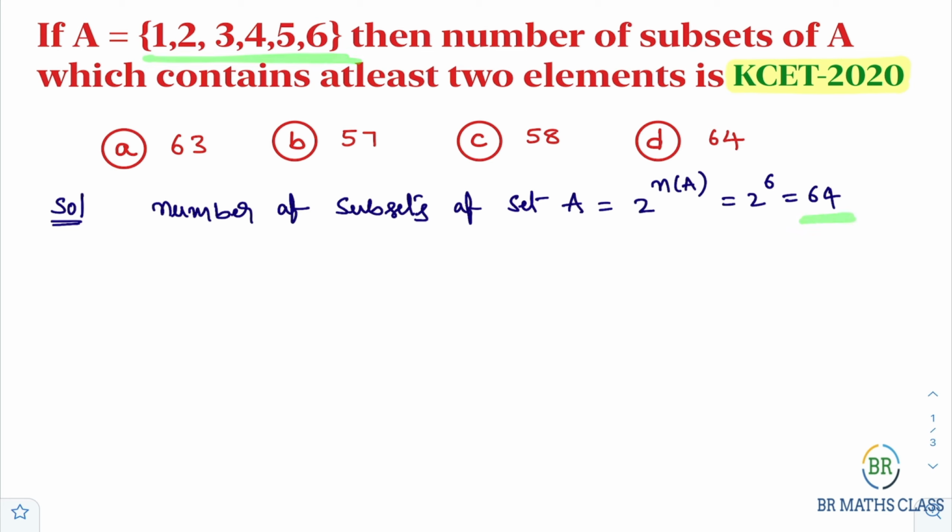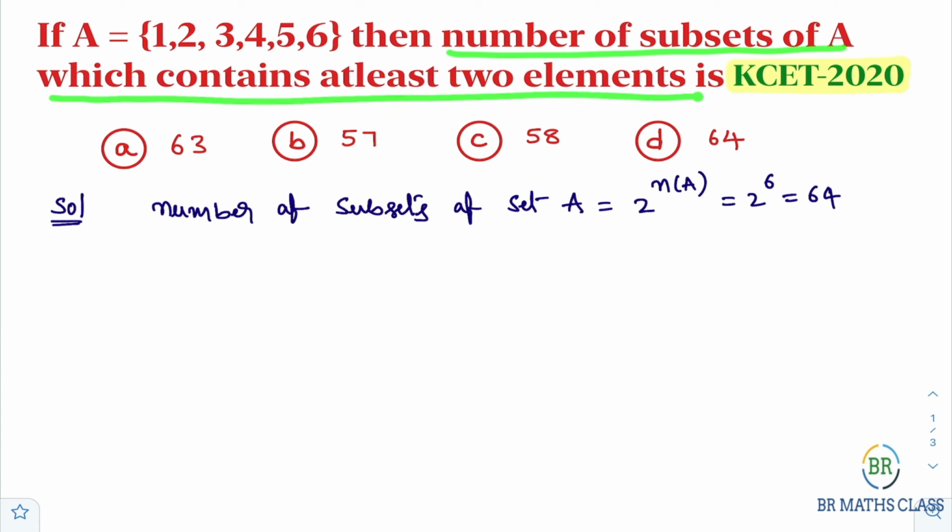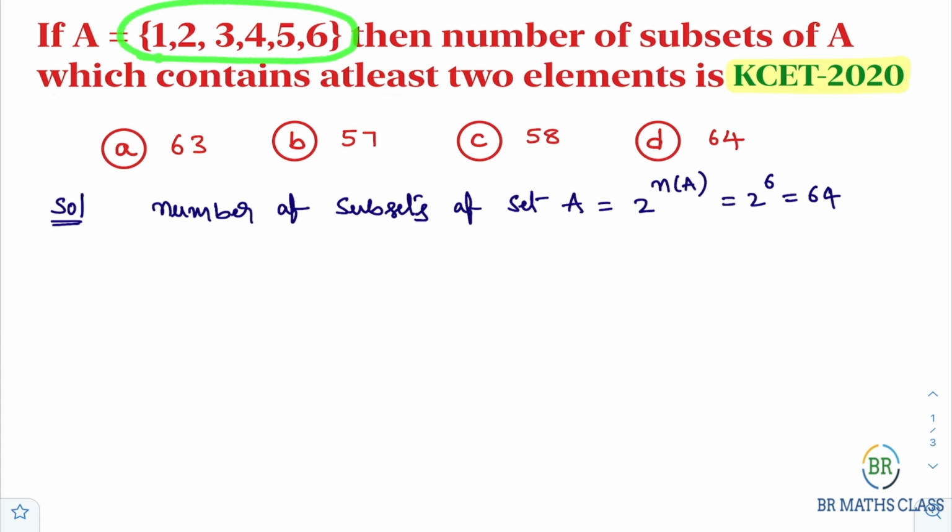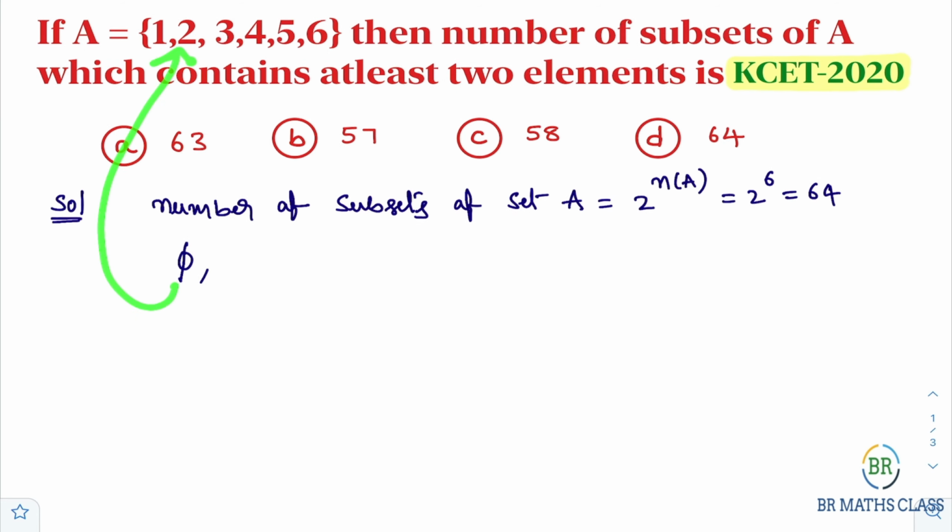But what they are asking is the number of subsets which contain at least 2 elements. For this set, what I'll do now is write the subsets which do not contain at least 2 elements. For example, is the empty set a subset of set A or not? Yes. The empty set is a subset of A, which contains 0 elements.